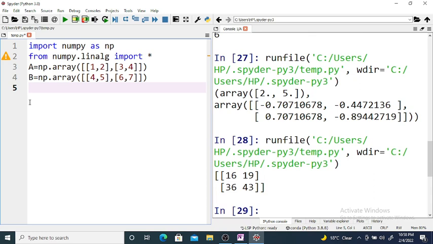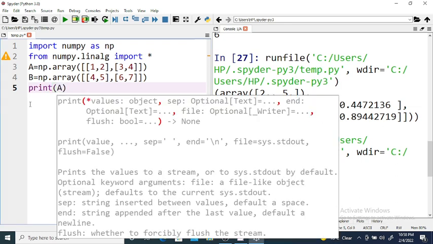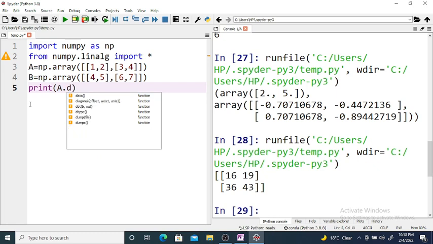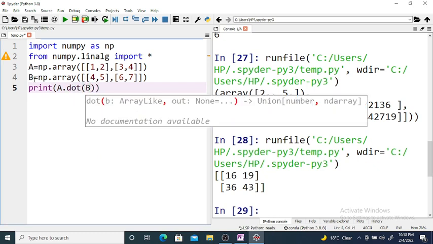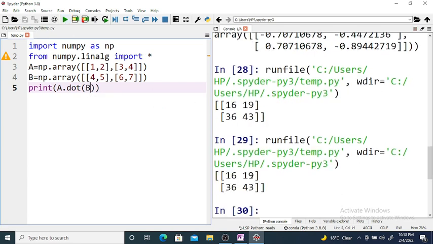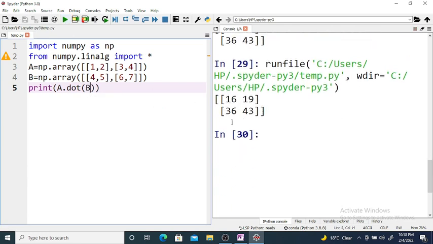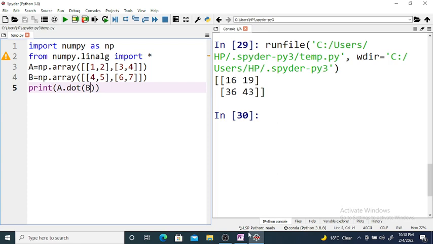Two different ways you can find a multiplication of these matrices. If you just write print A dot B, then you will get the matrix 16 19 36 and 43. You can check: 15 plus 28 is equal to 43, not 27 as I said earlier, something went wrong there.